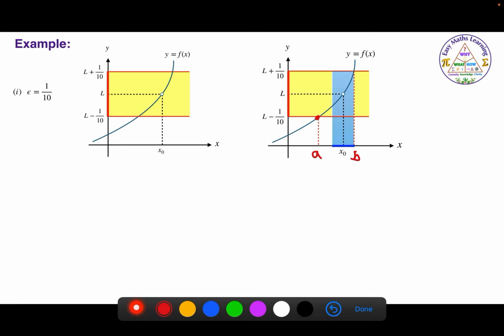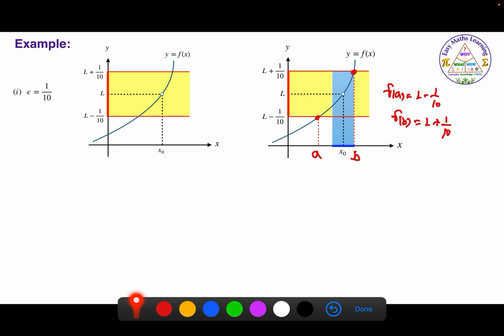Here f of A equals L minus 1 by 10 and f of B equals L plus 1 by 10. You can see this interval AB is not symmetric about x naught.